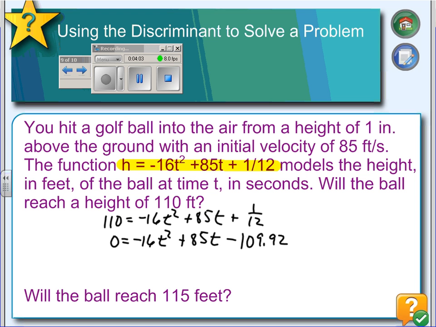Okay, now if I want to know if it's going to reach 110, all I need to know is, is there a solution? So using the discriminant, I just need to calculate b squared minus 4ac. So we're going to have 85 squared minus 4 times negative 16 times negative 109.92.